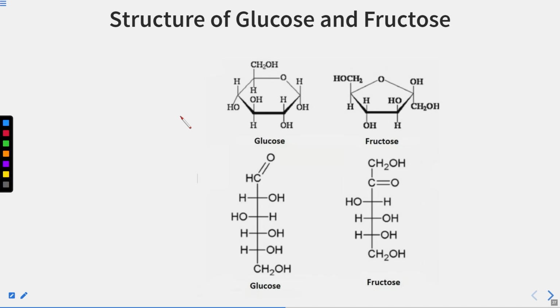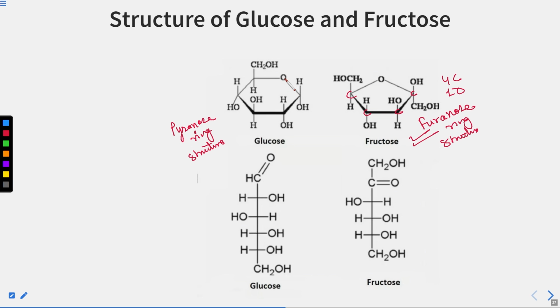So this is the pyranose ring structure, and this is the furanose ring, right? So here you can see this is the 1 carbon, 2 carbon, 3 carbon, 4 carbon and 1 oxygen, the furanose ring structure.